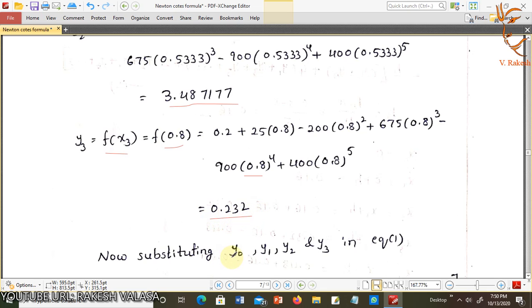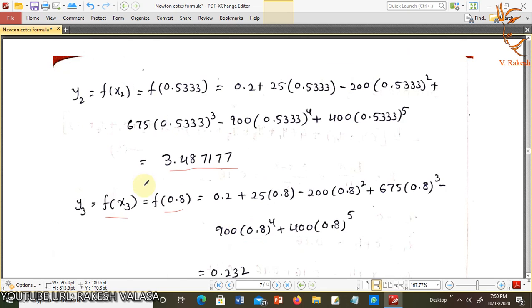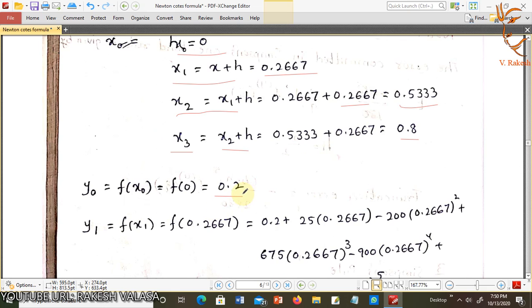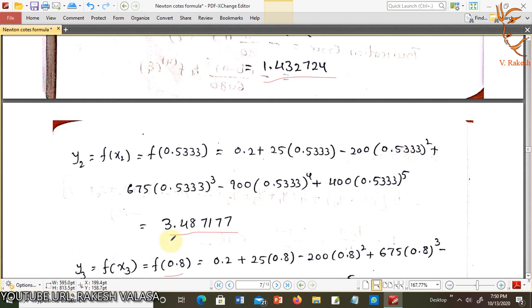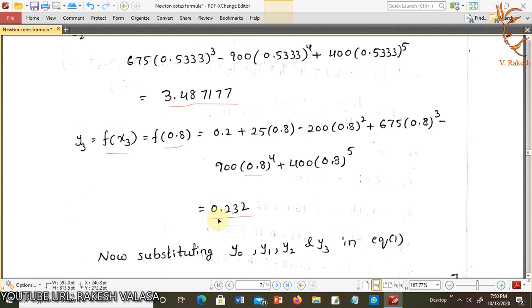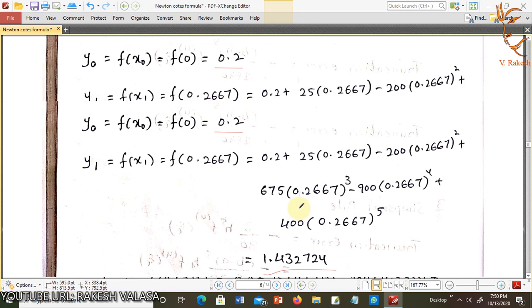Now substituting y0, that means 0.2, y1 equal 1.432724, y2 equal 3.487177, y3 equal 0.232 in the given equation 1.